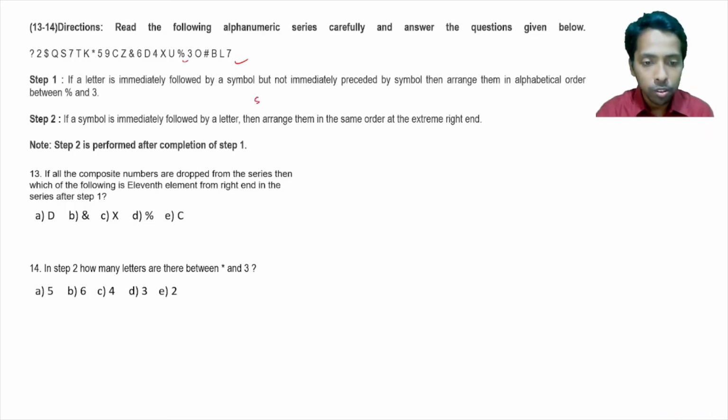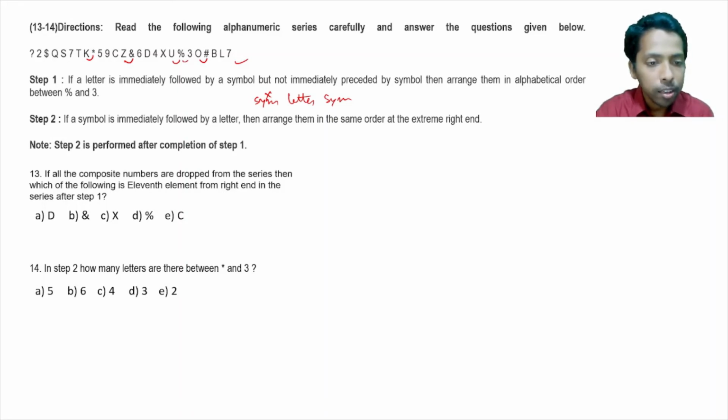Not preceded by a symbol but followed by a symbol. Letter followed by symbol, this is 1. Letter followed by symbol, this is 2. Letter followed by symbol, this is 3. Letter followed by symbol, so this is 4. There is one missing here, right?